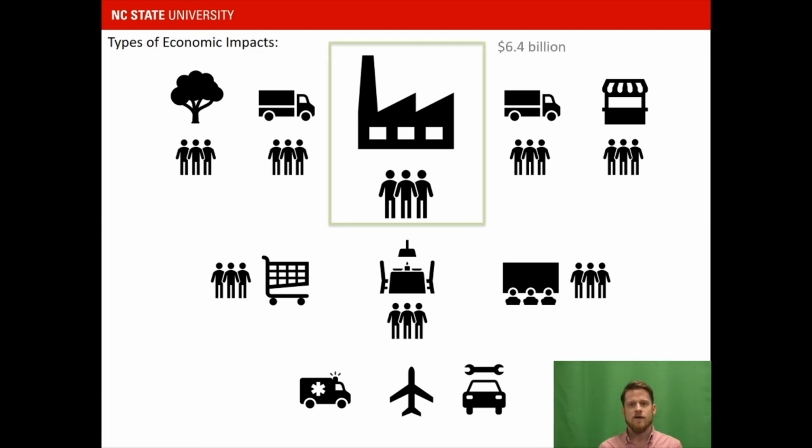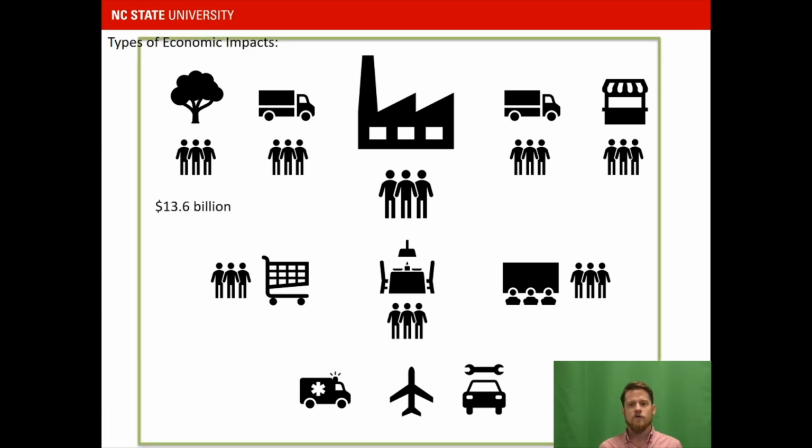So if we go back and think about that report, the bioeconomy directly created an output of $6.4 billion. But if we look at all the impacts that it creates, it's much larger, something around $13.6 billion.